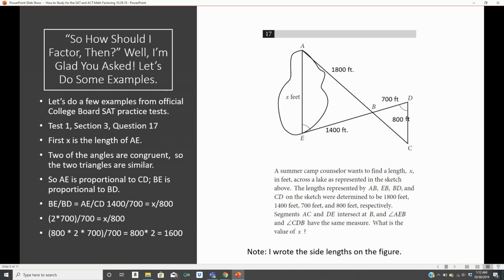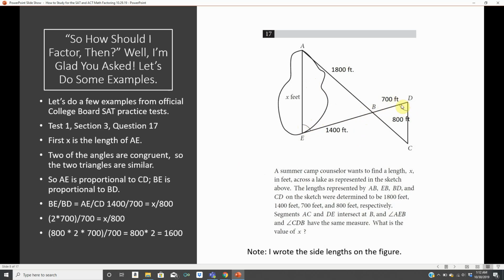So first, x is the length of AE. So we can see AE is right here, and it's x. Now, we know that these triangles have 2 congruent angles. How do I know that? Because they show you the little line that tells you these 2 are equal, and these angles here are vertical angles, and by definition, they are congruent. So, we know that AE is proportional to CD, and then that means that BE has to be proportional to BD.